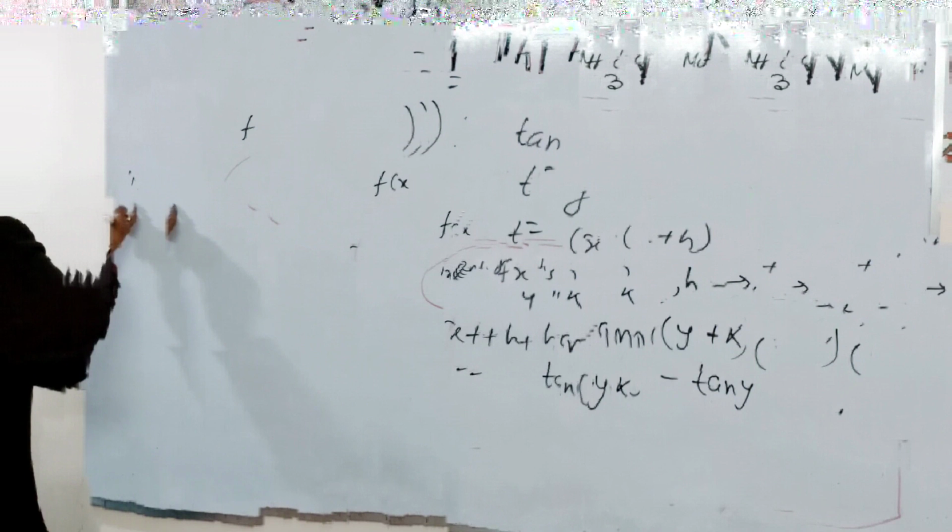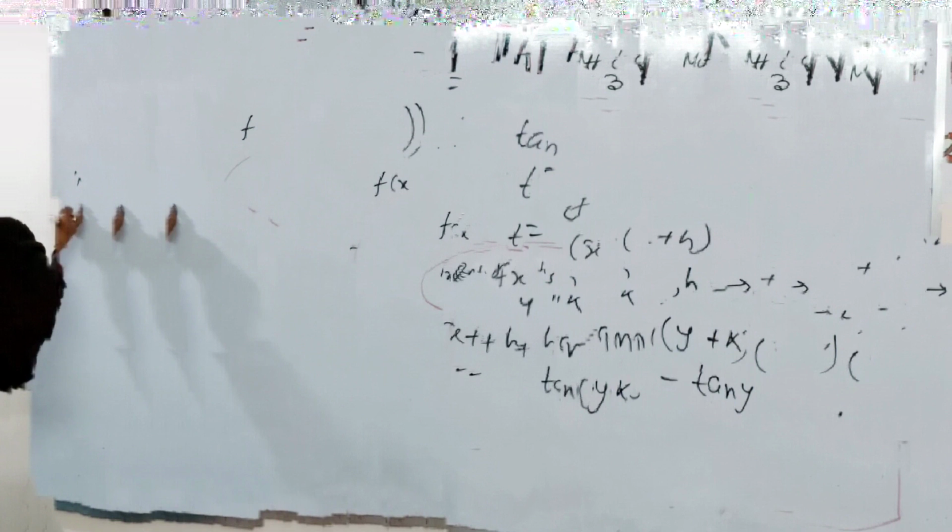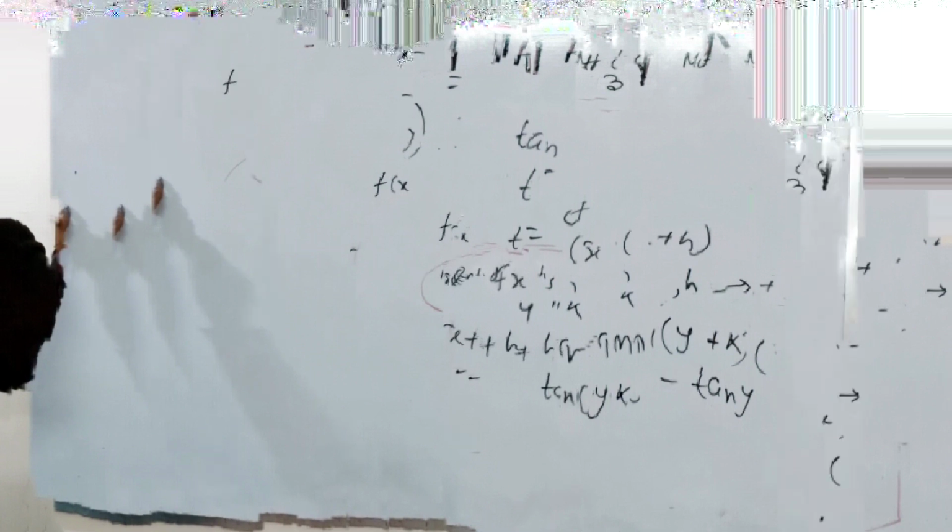F of x plus h equal to y plus k. So put here y plus k minus f of x. What is f of x? F of x becomes y, since y equal to tan inverse x. So f of x equal to y, put here y by h. So y cancel, k by h.